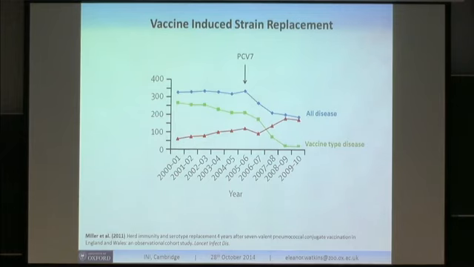So here we just have some data from the UK showing that after the introduction of PCV7 in 2006, we can see quite clearly a really nice decrease in pneumococcal disease caused by all serotypes, and this is caused mainly by the decline in vaccine-associated serotypes. We can also see a huge increase in disease caused by serotypes not included in the vaccine. And we see this pattern of vaccine-induced strain replacement in many different countries worldwide with lots of different serotypes.